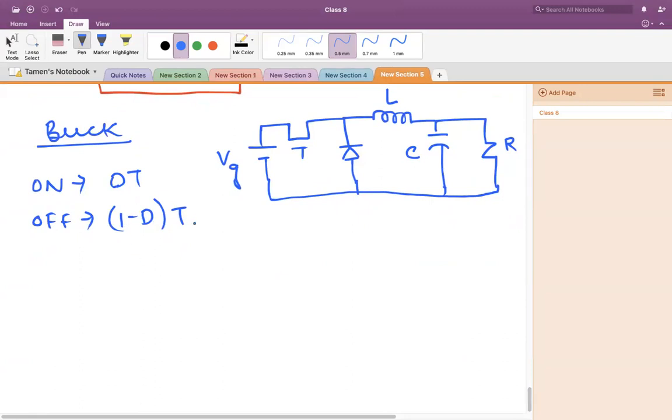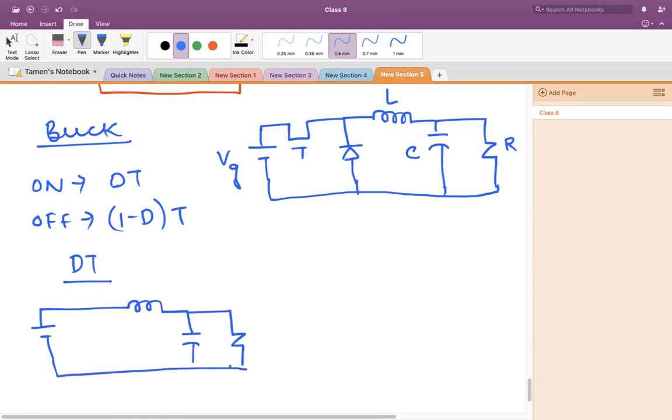During the off time, it will be 1 minus d into T. So we need to draw the circuit for dT, that is for the on time. I'm moving this fast as you already know these things.